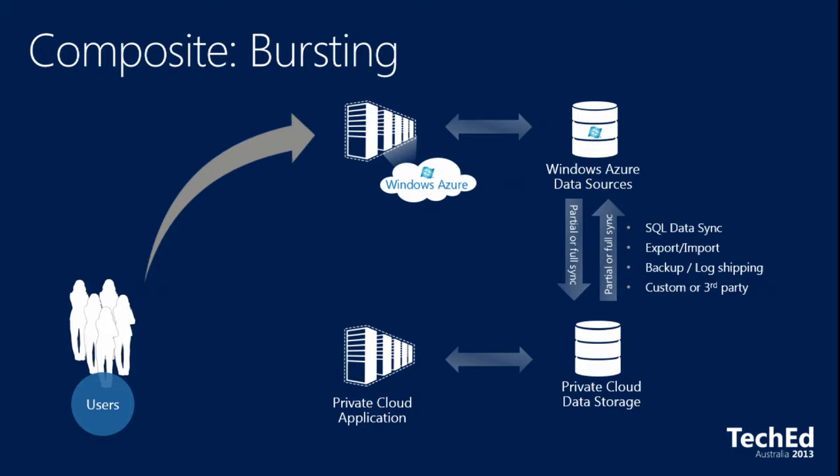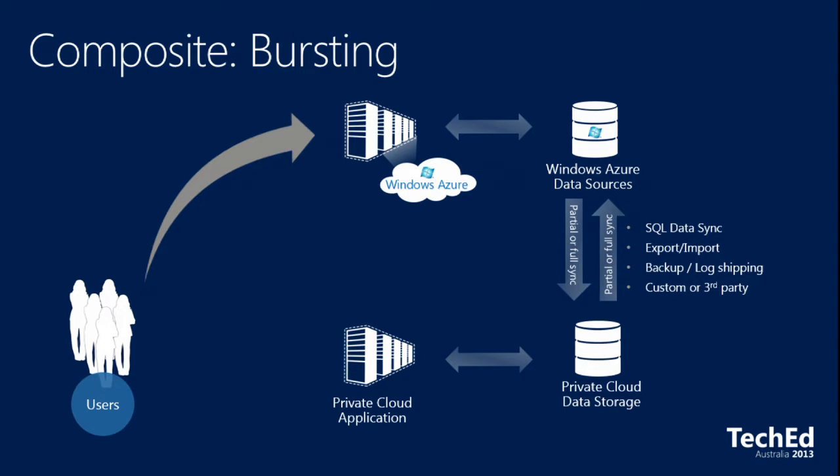Now, the interesting thing here is how do you do the data synchronization? And data's always going to be your problem, because compute's a no-brainer. I pick it up, I slap it there. How I slap it there depends on what I want to do. Whether I can consume some software as a service, or I move it to PaaS, or most of these burst scenarios I just pick up my VMs and transport them into the cloud.